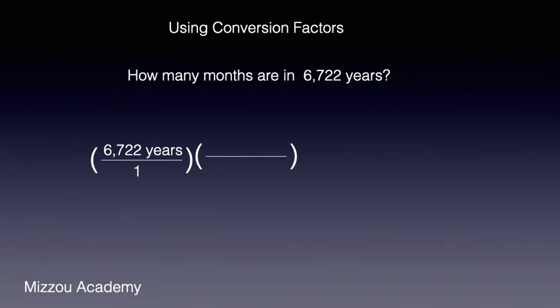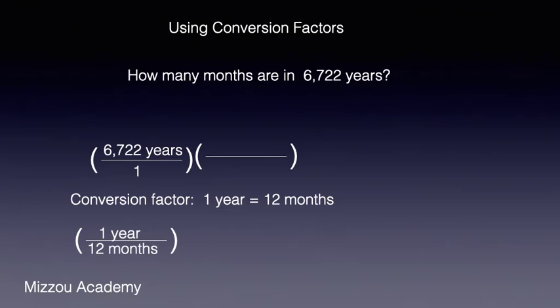The conversion factor needs to relate time as measured in years and months. Now, we know that 1 year and 12 months are the same amount of time. So we have two possible ways that we could write this conversion factor. The first is like this, with 1 year on top and 12 months on the bottom, or we could write it like this, with 12 months on the top and 1 year on the bottom.